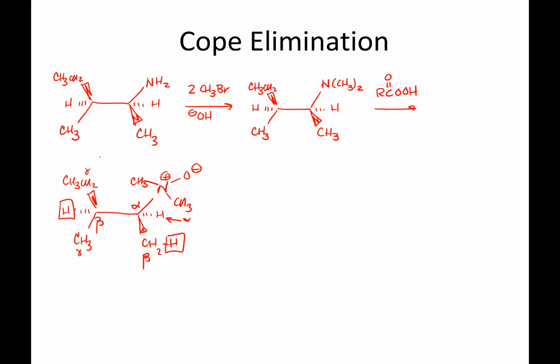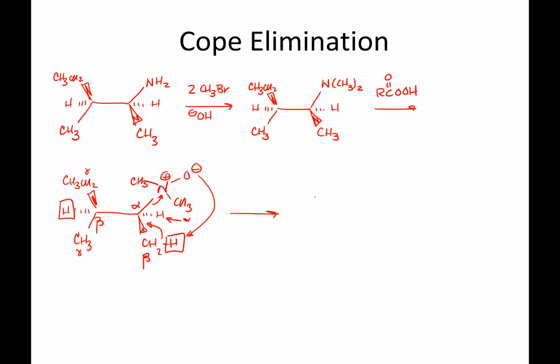Now, what's the major product of the reaction going to be? The major product of the reaction is going to be the O-, removing the hydrogen from the carbon with the most hydrogens, pair of electrons moving down here, kicking off the amine oxide and forming the hydroxylamine.